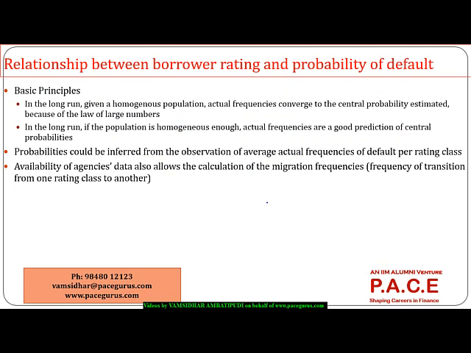Now, once it has given some kind of a credit rating to a particular borrower, there is a kind of a linkage between the rating and the probability of default.